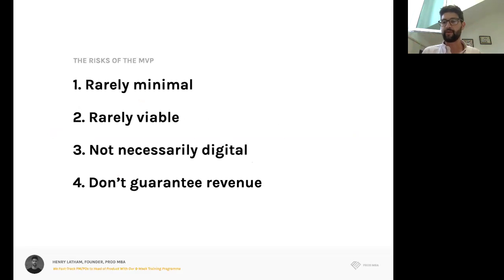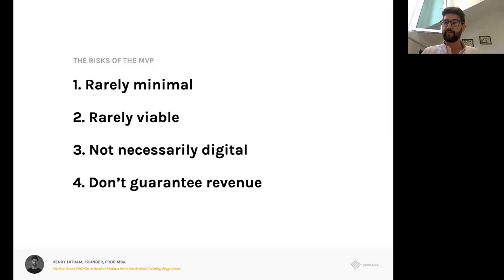When we go to market, we're going to start having pressure of delivering quick results because of the delay, because of the long development cycles. So the minimal of the MVP is misused. Furthermore, the minimal of the MVP is misused by many companies to sometimes justify an MVP taking months or years to build, rather than starting with a more simple solution, because we think it has to be digital.